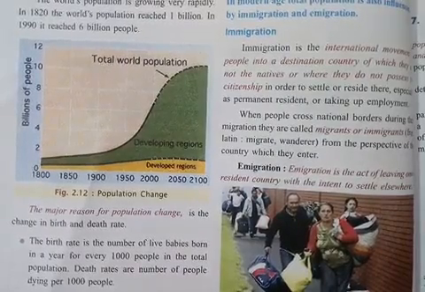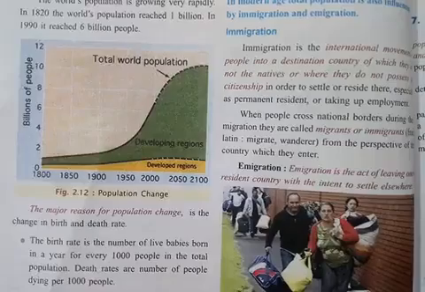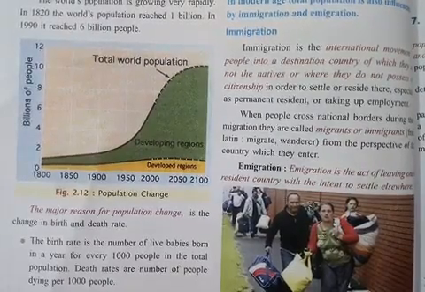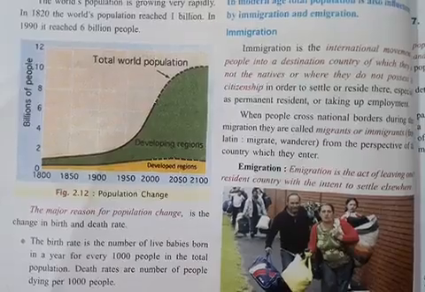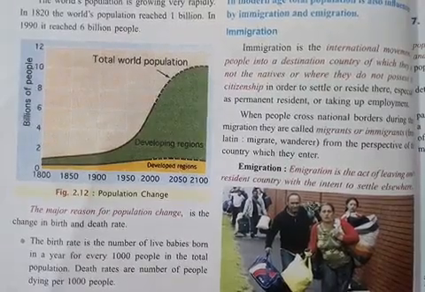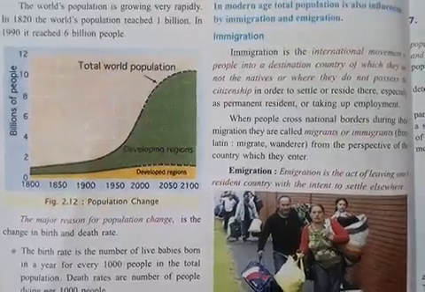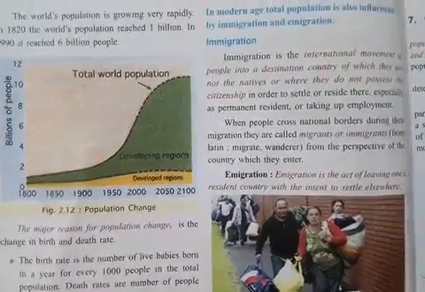In Australia you can find European people, in New Zealand also. So how? Because a large number of these European people migrated to these continents and settled there. So this is a very good example of migration.